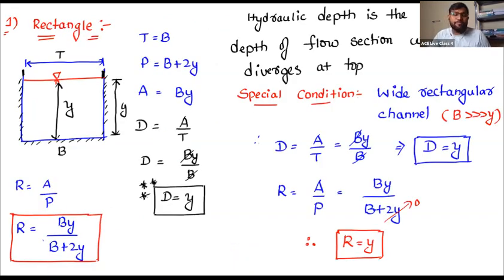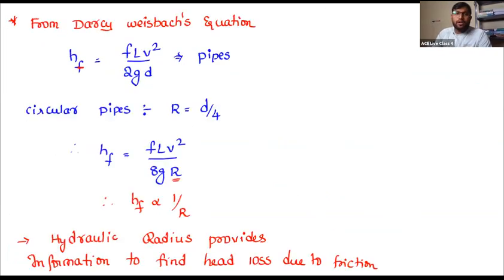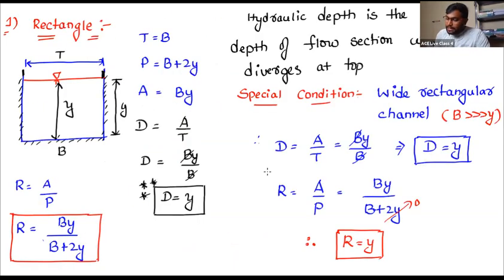And what about the hydraulic depth? It's the average depth of flow. What is the significance of the hydraulic depth? I gave the definition of hydraulic depth; wait for that moment also. Now I hope you understood. My dear, these special conditions are very important.